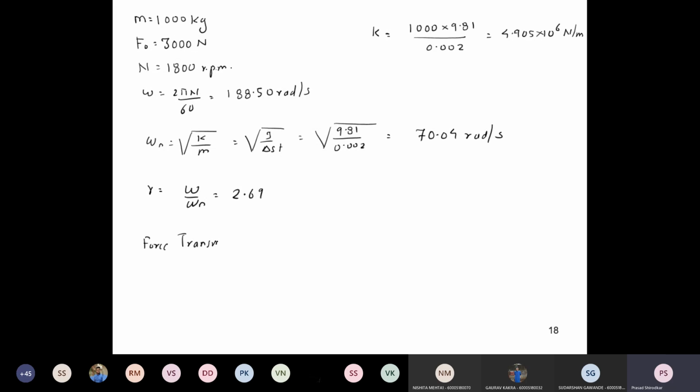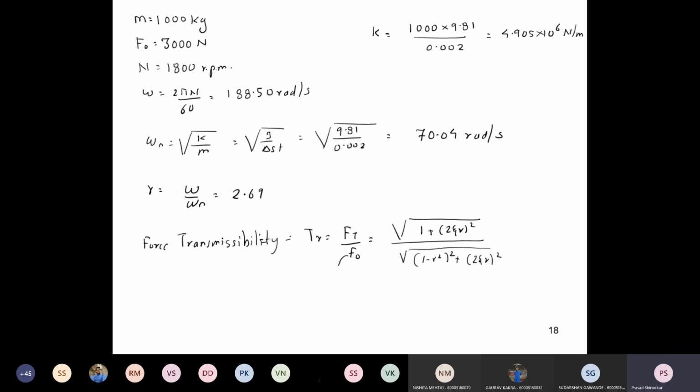Right? So force transmitted, sorry, not force transmitted, force transmissibility is equal to TR, that is equal to Ft by F0, that is equal to square root of (1 plus (2 zeta r) whole square) divided by ((1 minus r square) whole square plus (2 zeta r) whole square).